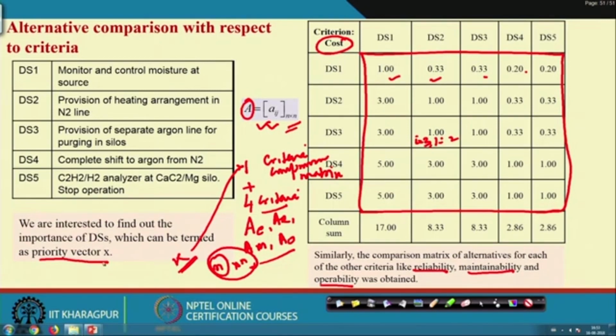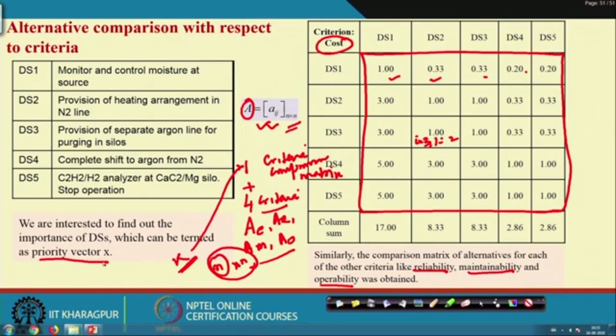So, there is a set of alternatives, in our example design solutions. There is a set of criteria based on which you evaluate the alternatives, here the design solutions, and find the best alternative, meaning the best design solution. So, what data do you require? You require pairwise comparison data. What are those comparison data?